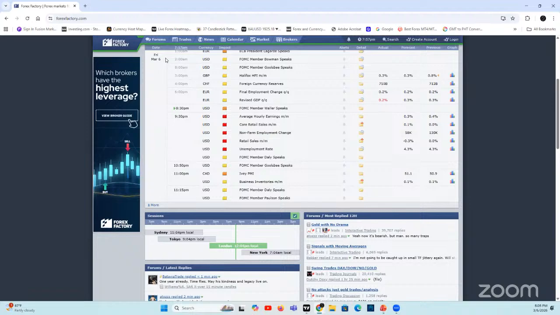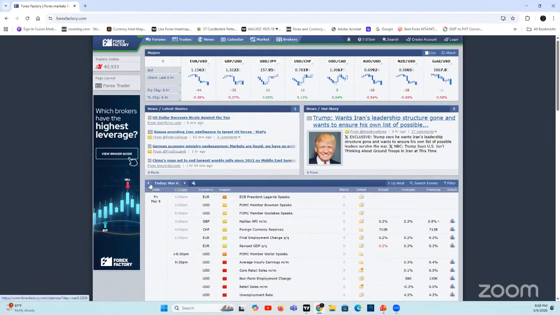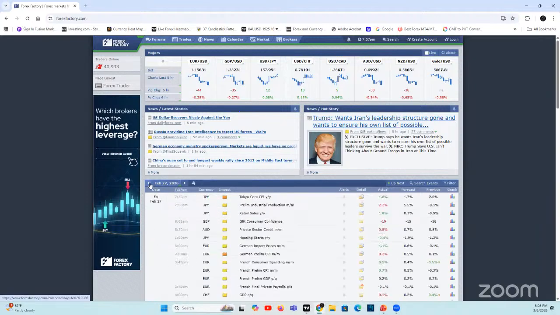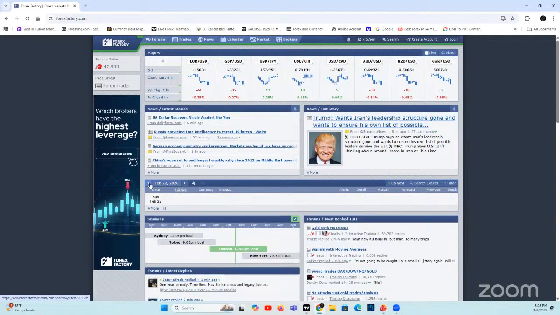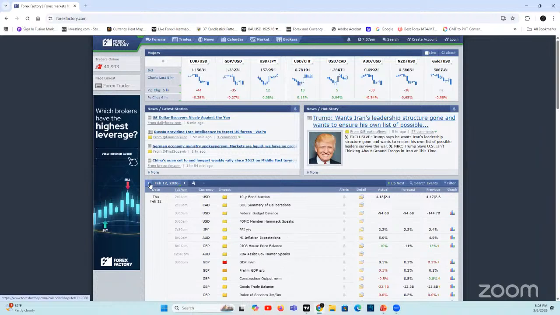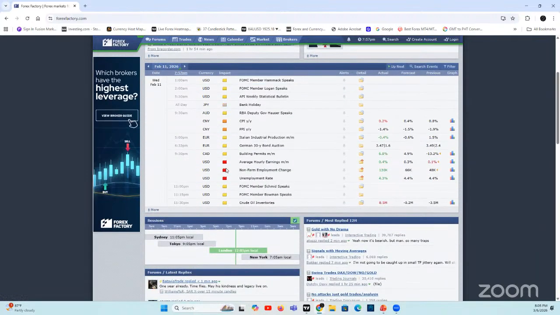Let's check 11 February. February non-farm, there is your report, 130,000. So it's strong. So that time gold went down, right? Because it's stronger.